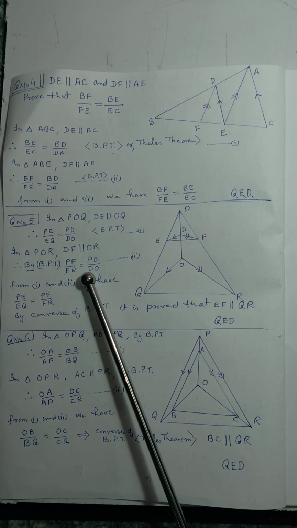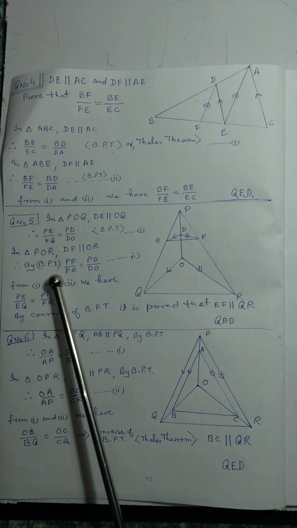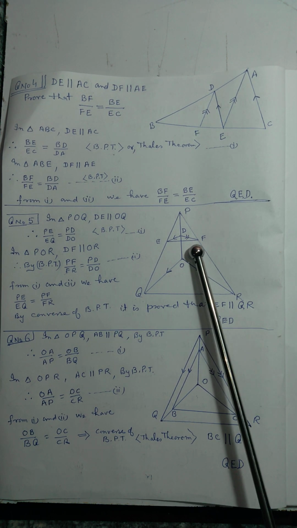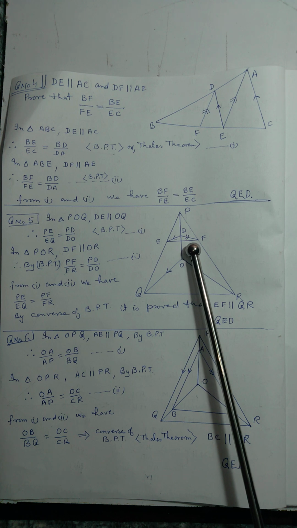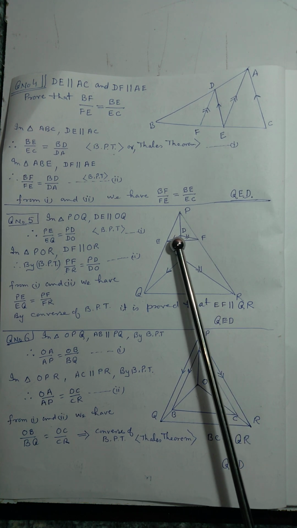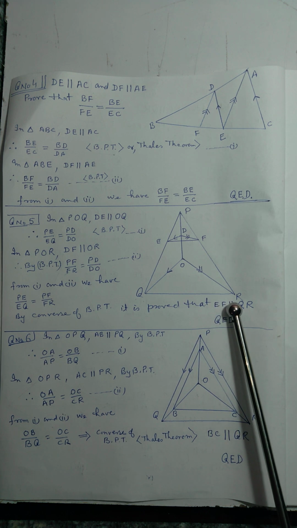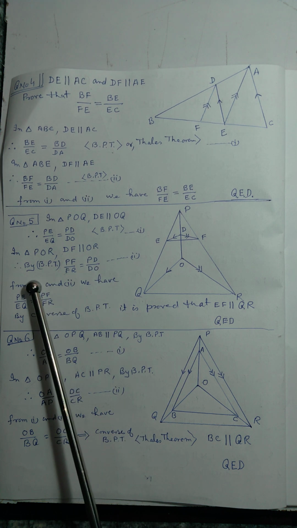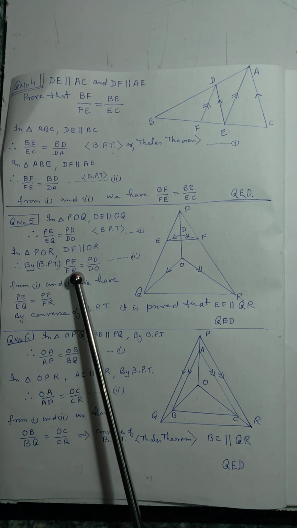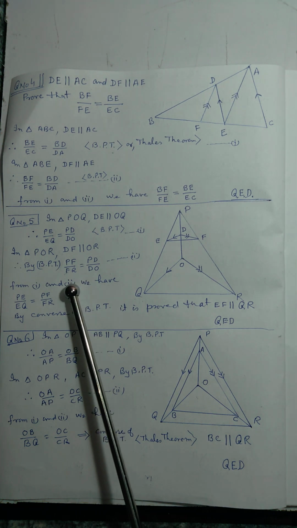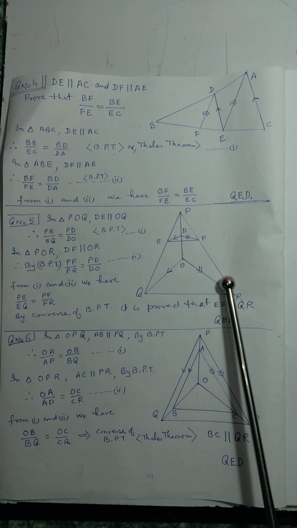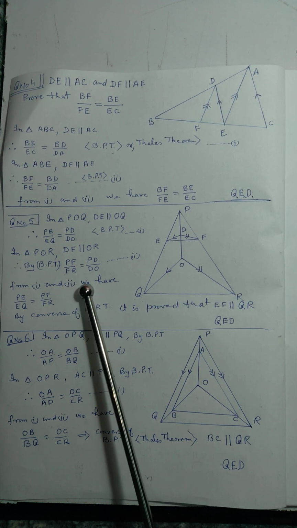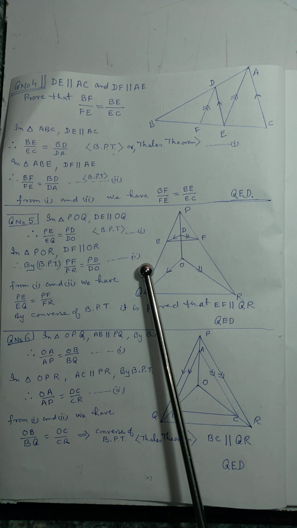Now in triangle POR, again, you see, with the double arrow mark, I have shown the parallel line, that is DF is parallel to OR. So DF is parallel to OR by basic proportionality theorem. PF upon FR is equal to PD upon DO. This is the second equation.